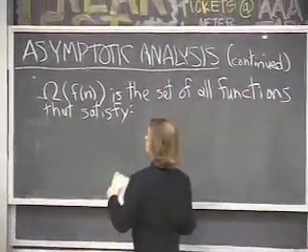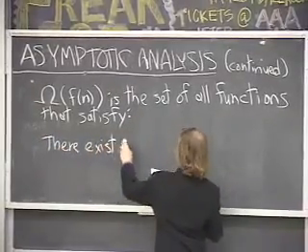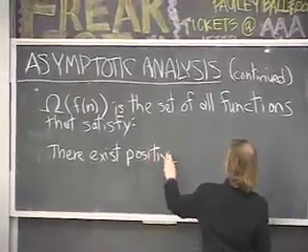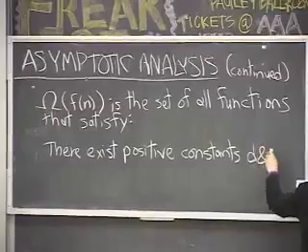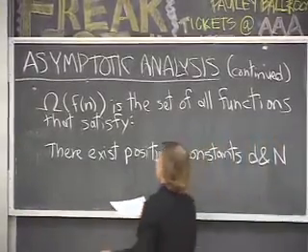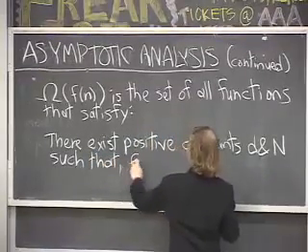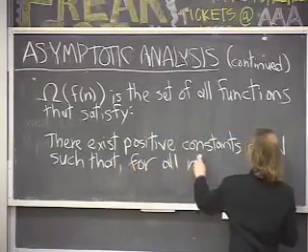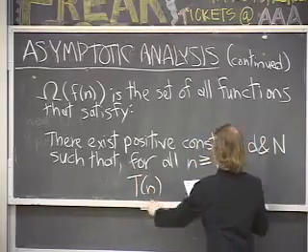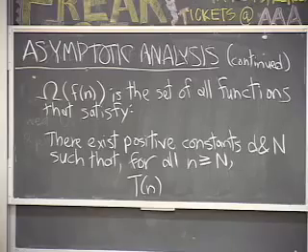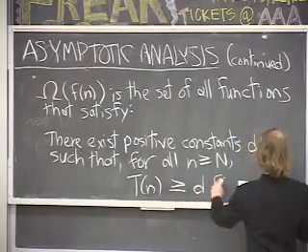There exist positive constants, call them D and capital N, such that for all little n greater than or equal to big N, the function that we're bounding is greater than or equal to D times the function that we're using to bound it.